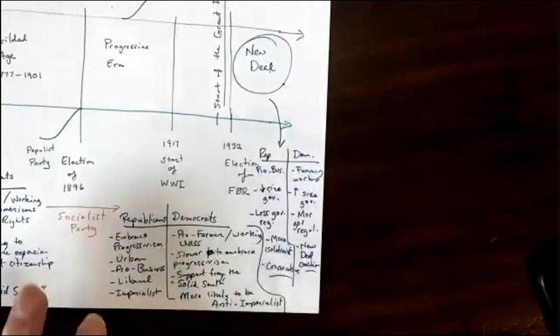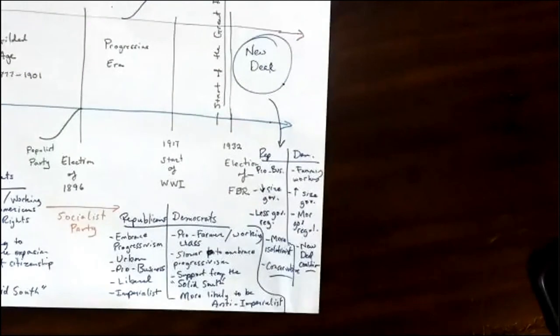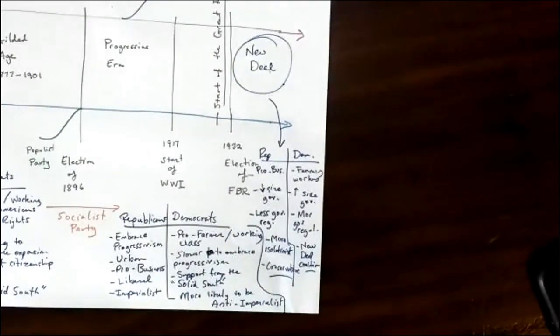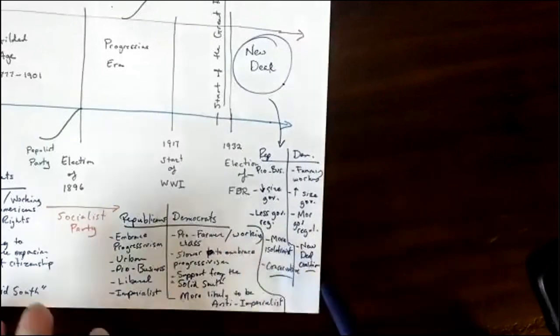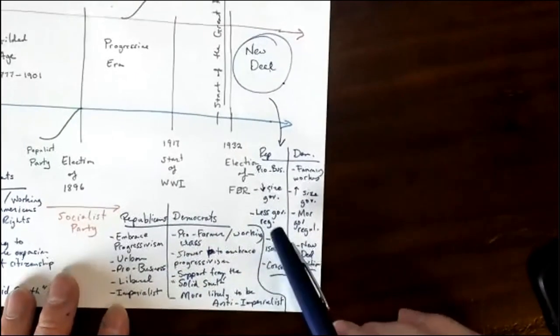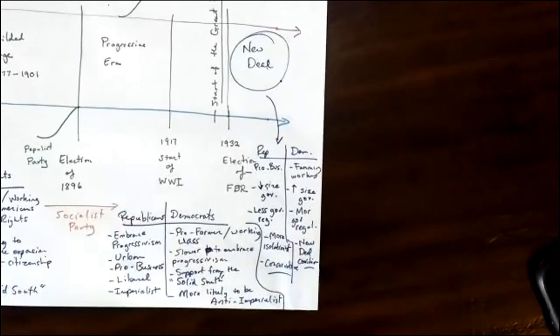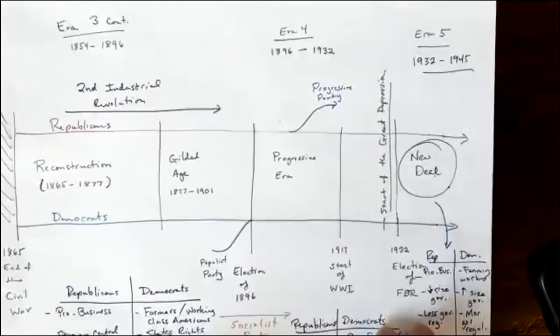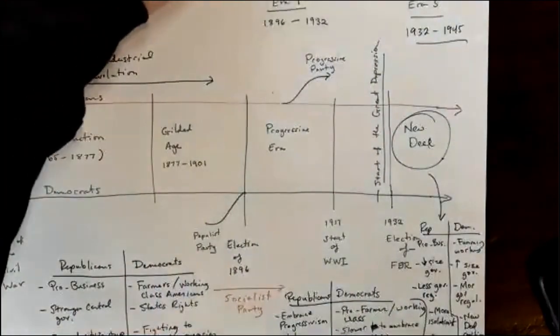That creates this new coalition of working class, the Solid South, African Americans, and liberals all under the Democratic Party under the New Deal. And this is going to become the way that the Democrats and Republicans are configured all the way up through 1945. All right, so that is a history of political parties.